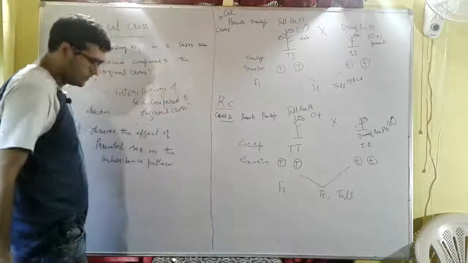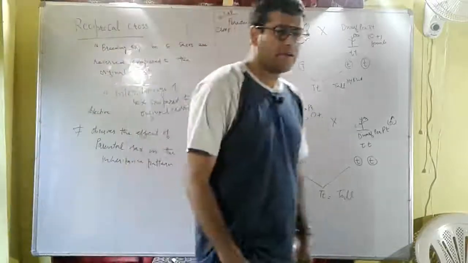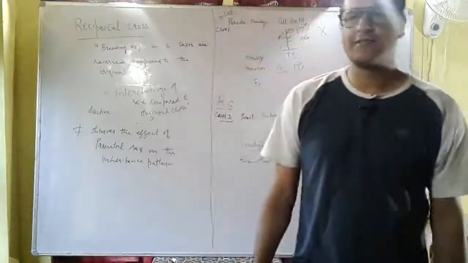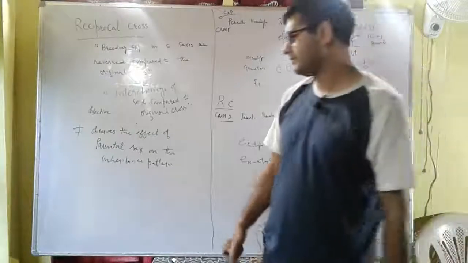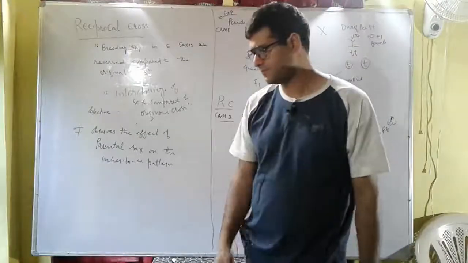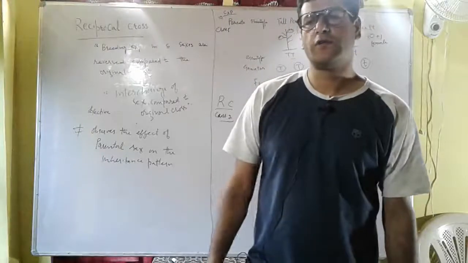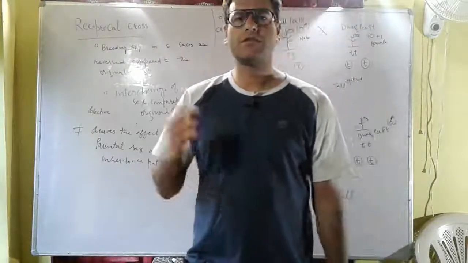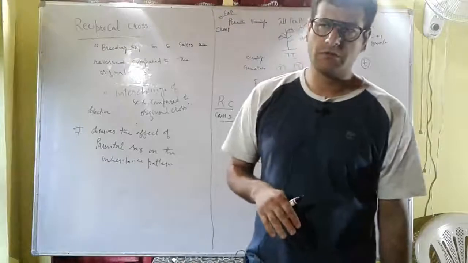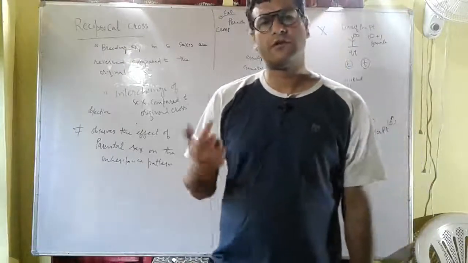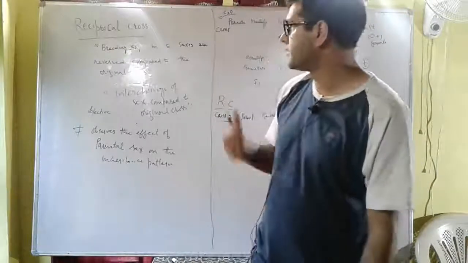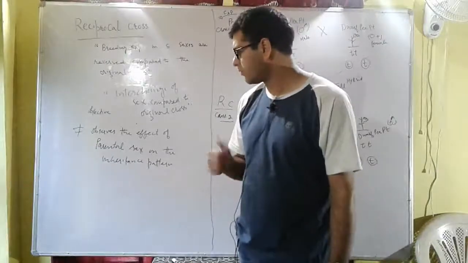That means this tests the sex-linked inheritance of the trait, whether the trait is sex-linked, whether the genes are located on sex chromosomes, the X chromosome, or on autosomes. This is done by means of a reciprocal cross.